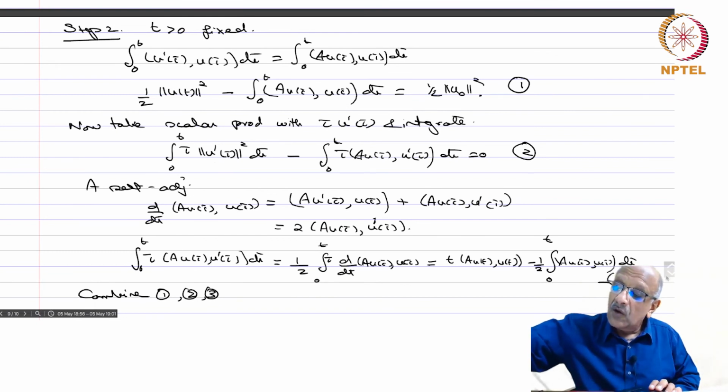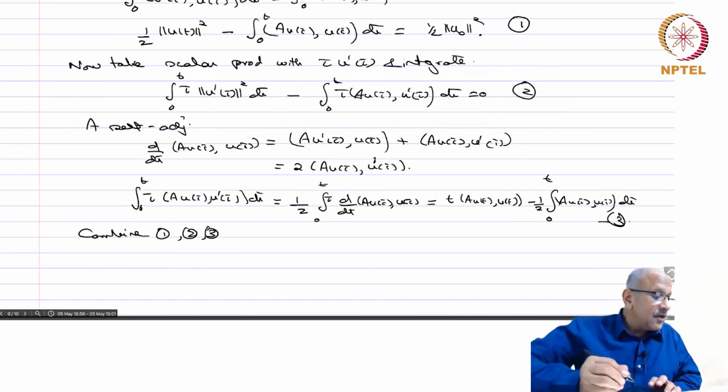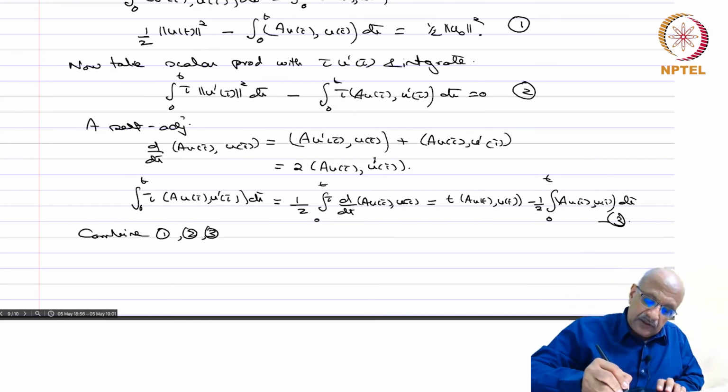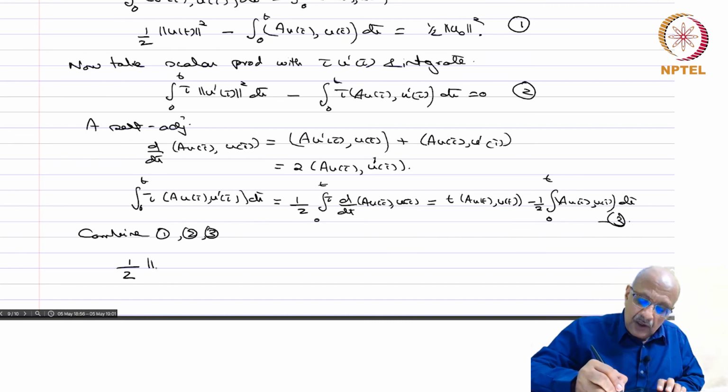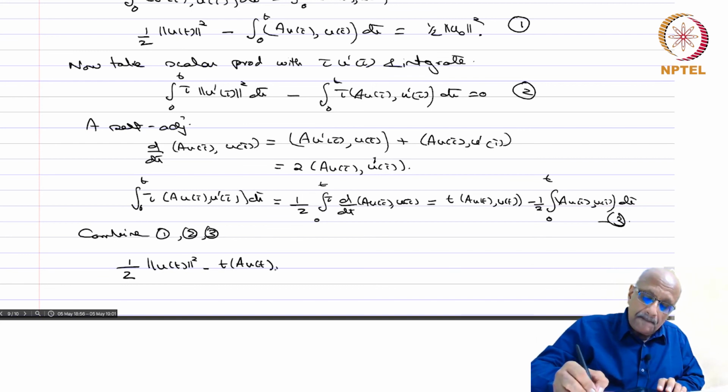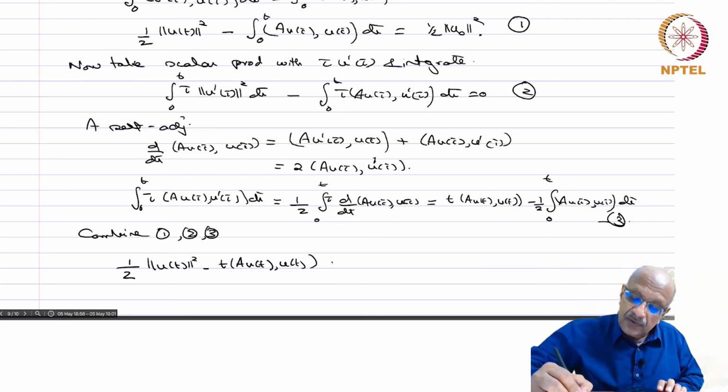So you have all these connections, and therefore, if you combine all three and check the algebra, you get half norm u(t) squared minus t (A u(t), u(t)) plus 2 times the integral from 0 to t of tau norm u'(tau) squared d tau is equal to 1/2 norm u(0) squared.